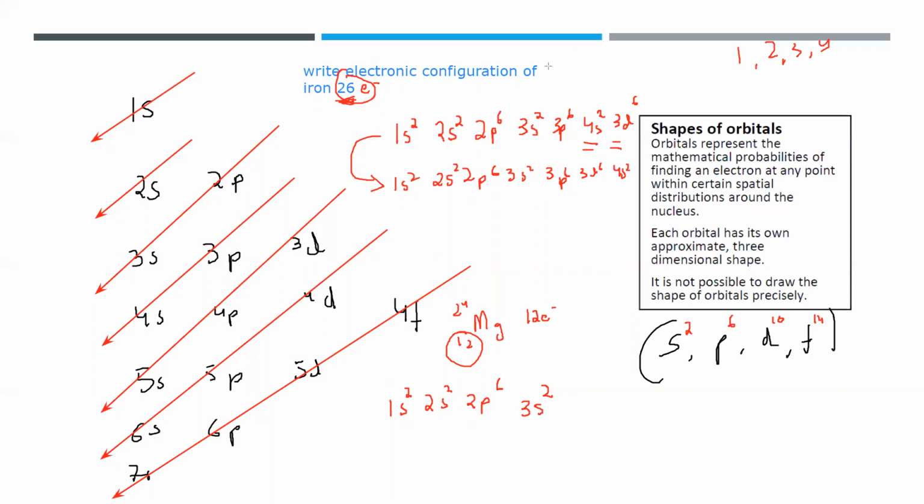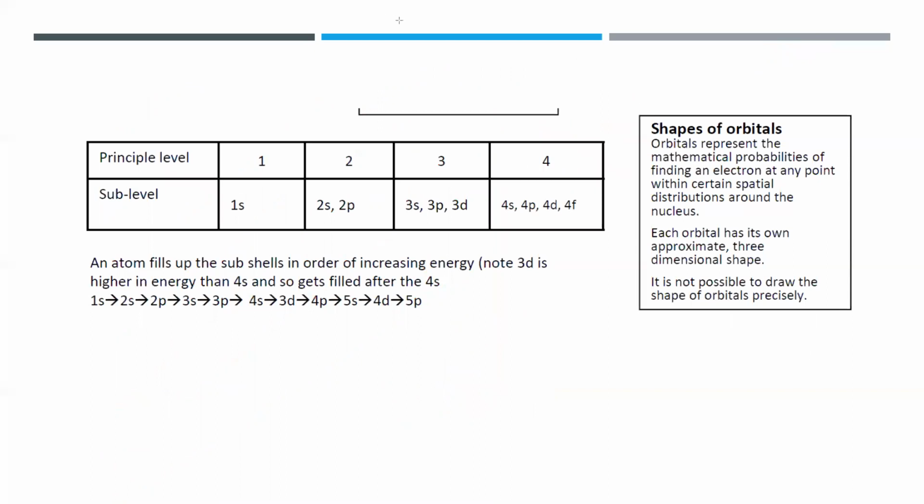In O levels, you used to write the electronic structure in terms of shells. Like if I say magnesium, magnesium is 12 and 24. So you have 12 protons, 12 neutrons, and 12 electrons.